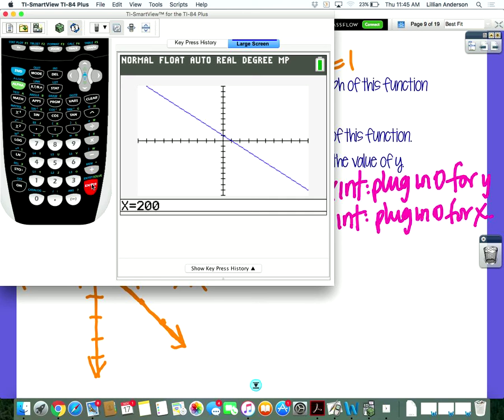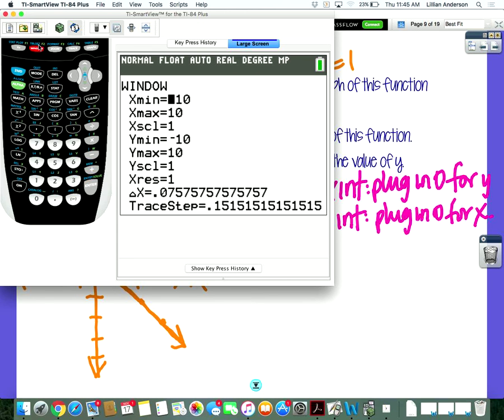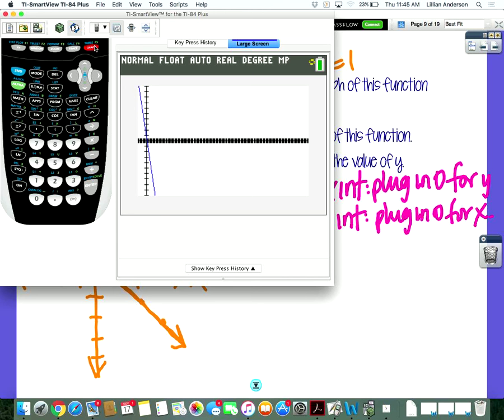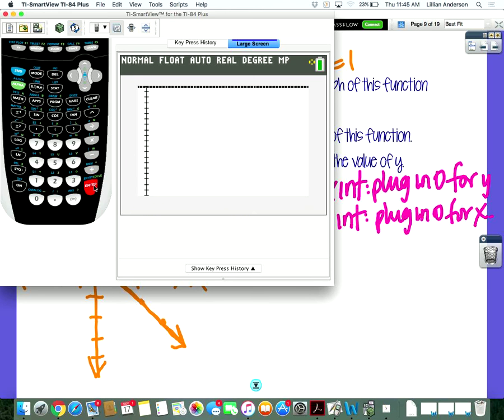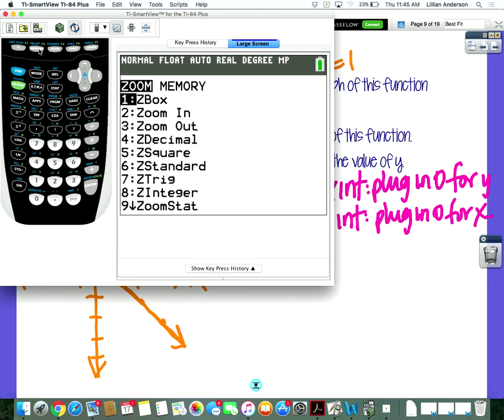So I started to change a window setting. Okay, let's take this back. Window.